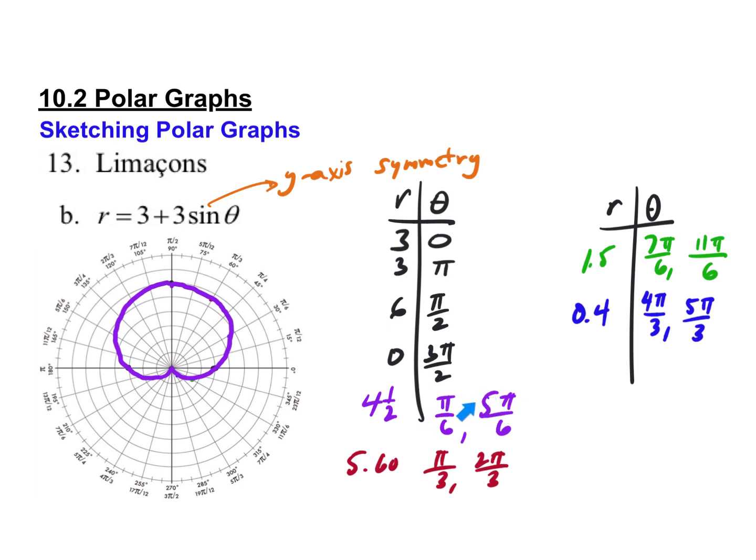My next best option, now I guess I could have then gone right away to 7 pi over 6 and 11 pi over 6 and found out negative 1/2. That's where the 1.5s came from. And then my last resort was to use the 60s versions, which is square root of 3 over 2, which is like 0.8660 or something, and you do the math and come up with those.